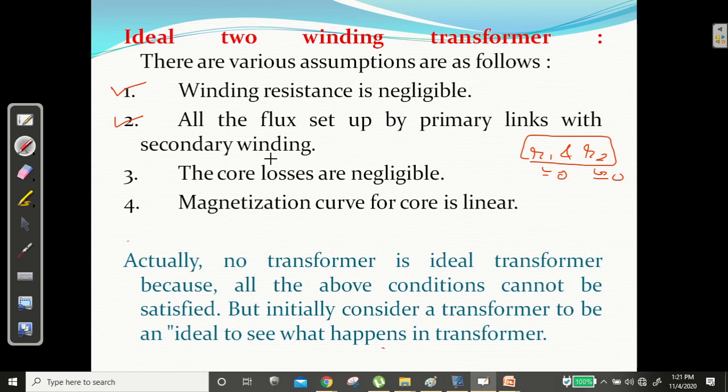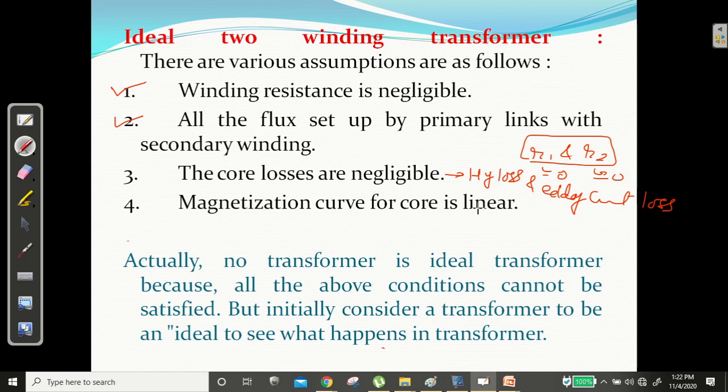Third condition we have: core losses are negligible. Core loss has two parts: the first is hysteresis loss and the second is eddy current loss. So eddy current loss and hysteresis loss we have.